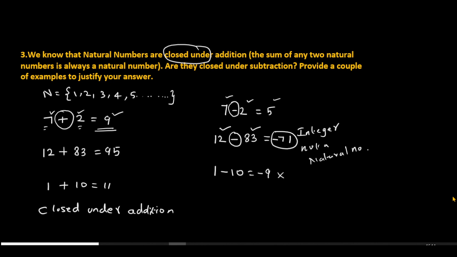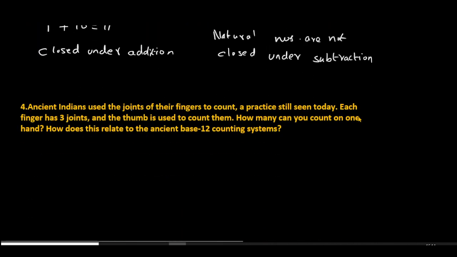So what is the conclusion here? Natural numbers are not closed under subtraction. They are closed under addition, but not closed under subtraction.